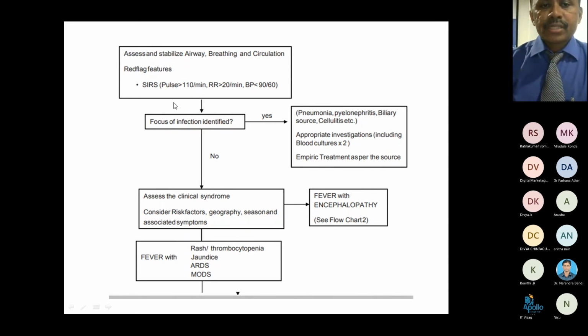And SIRS obviously was valid in 2014, and now we don't speak about SIRS, but all these clinical features of pulse more than 110, respiratory rate higher than normal, and hypotension, as we discussed earlier, this would warrant the admission of the patient to hospital, and then you start treatment and then look for the cause simultaneously.